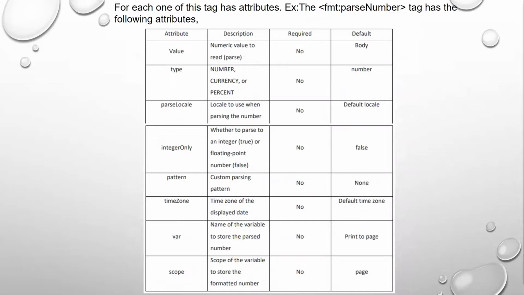Each one of these tags has attributes. For example, the fmt:parseNumber tag has the following attributes. So here are the attribute, the description, required and default.